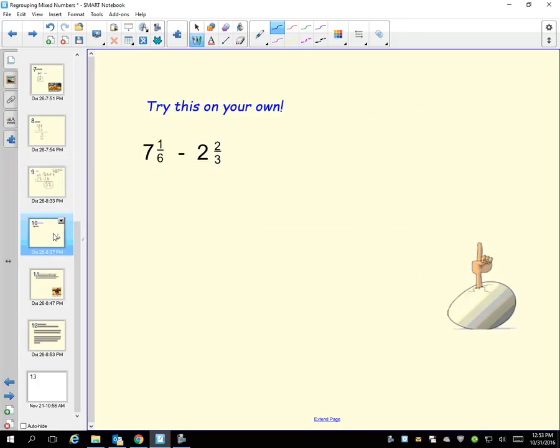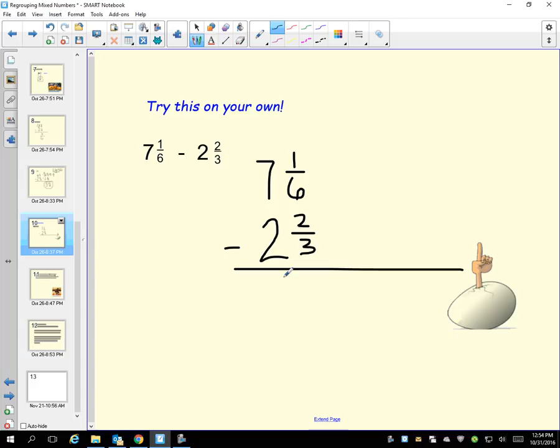Okay, let's try another. I'm going to write this vertically. And step 1 is find the least common denominator. I do not have the same denominators, so I'm going to have to rename them.